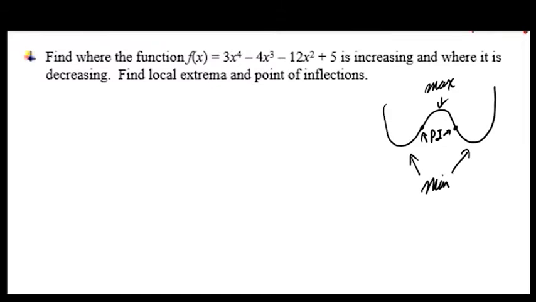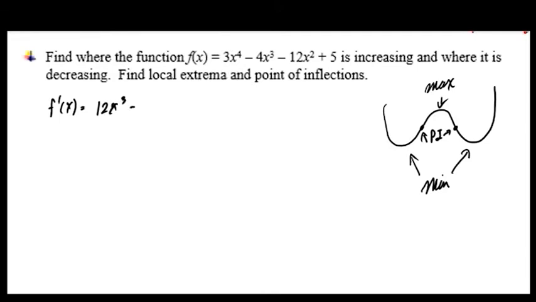Good? Okay, now, first, shall we take a derivative of our function? Yeah, let's do that. So the first derivative of this thingy, according to the power rule, is 12x cubed minus 12x squared minus 24x. I screwed up right there at the beginning, right?